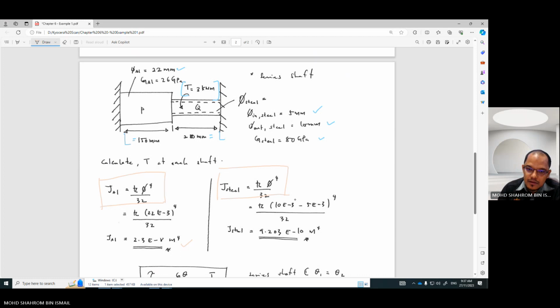Therefore, by doing that, we managed to get the J steel is 9.203 power of negative 10 meter power of 4. So J for this one is done, and J for this one is already done as well.